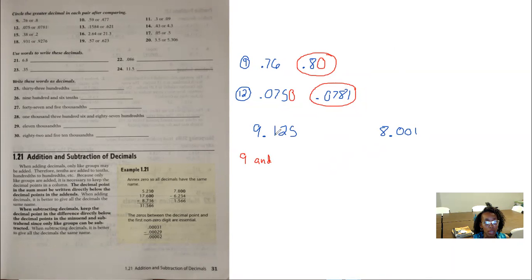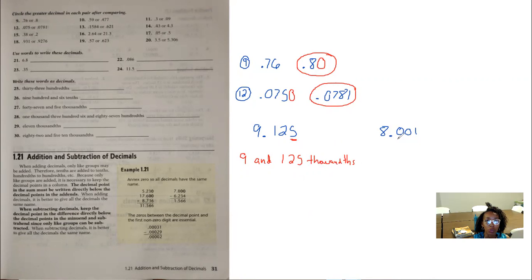This number is 125. Notice that I'm not putting any kind of a THS. This number is 125 and it's behind the decimal. So I would still read this as regular 125, but the place value of the last number, tenths, hundredths, thousandths, would lead me to put thousandths on the end. Okay. So 9 and 125 thousandths.